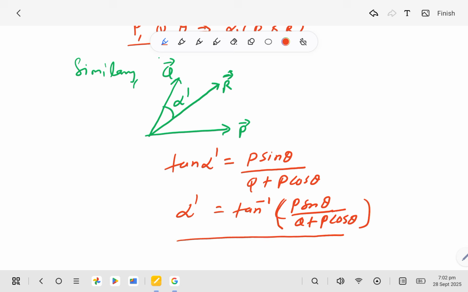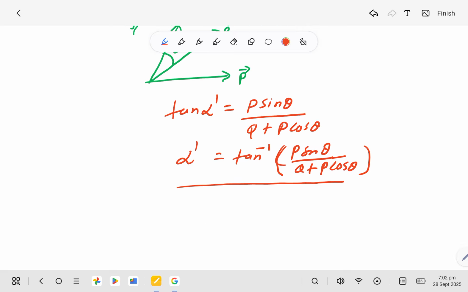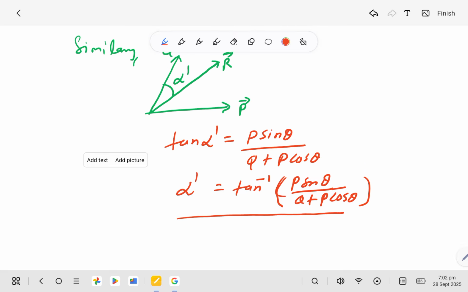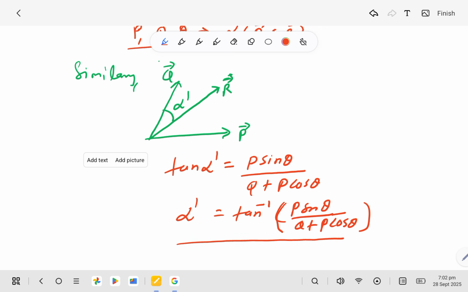So we can find the value of alpha prime, the angle between the resultant force and Q, and alpha, the angle between R and P.